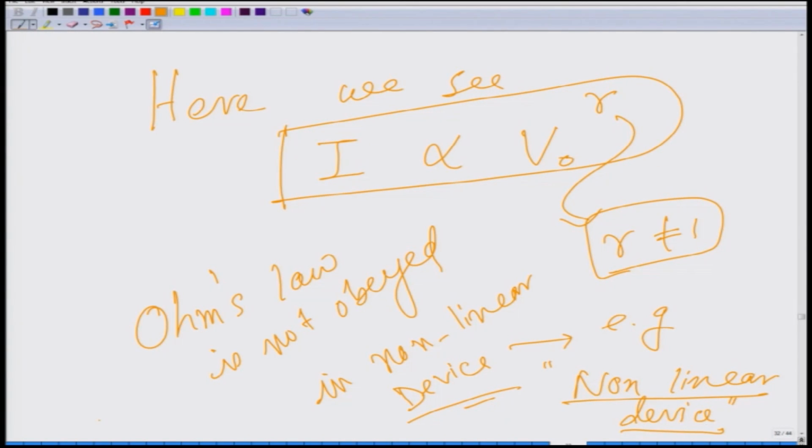So here you get a non-linear dependence between I and V0 to the power gamma. Gamma you have to find out. Once you get gamma, you get a non-linear relationship between the space charge induced current and the voltage. That solves the fourth problem.